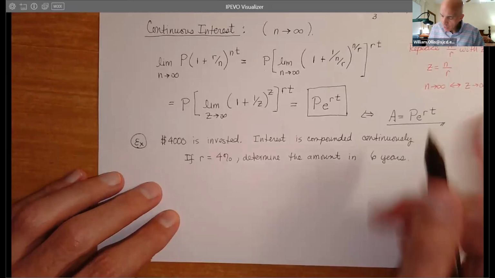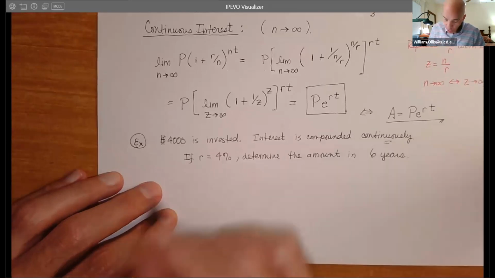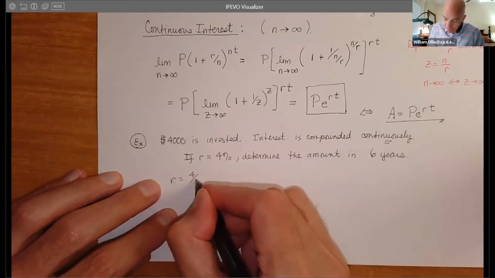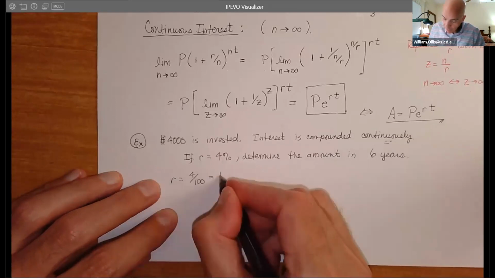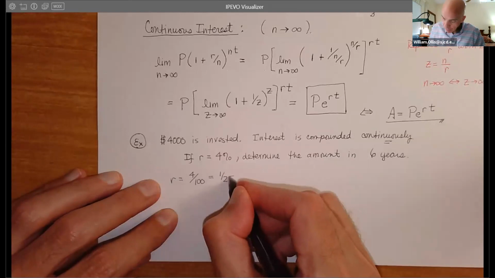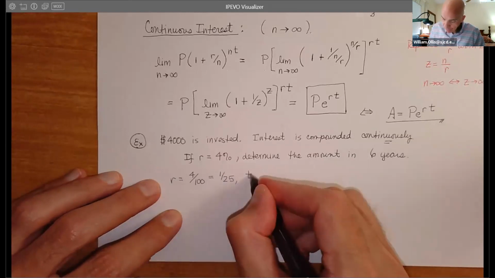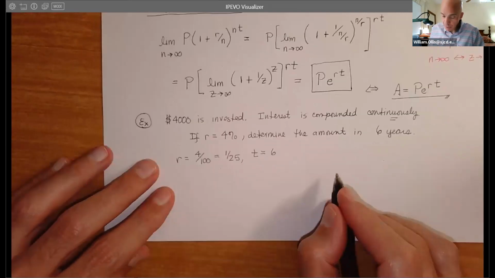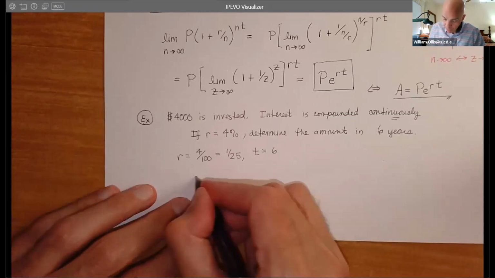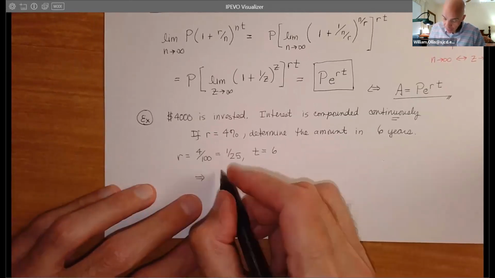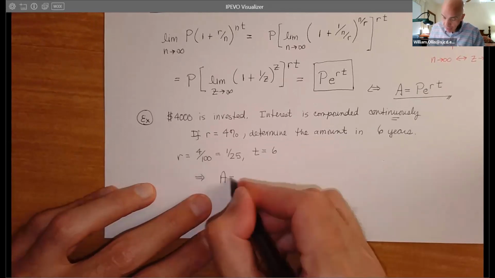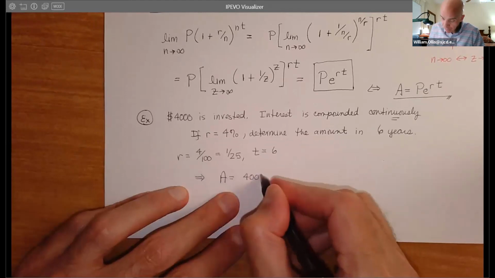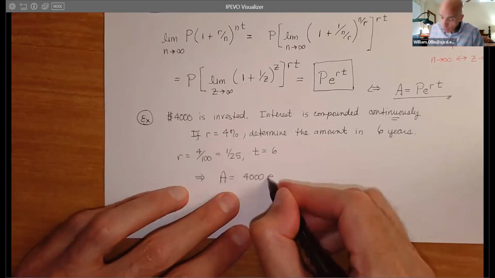Again, we've got continuous. So notice here, r again is 4 over 100, which is 1 over 25. t is 6, and we have the principal investment of 4,000. So this implies that A is equal to 4,000 e to the rt.